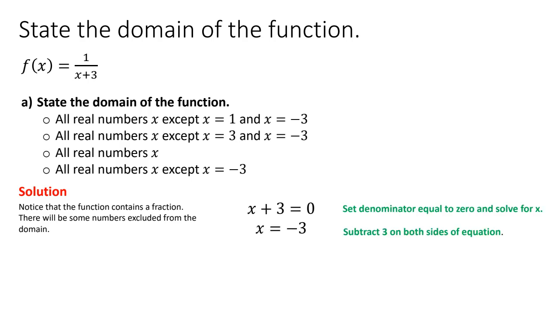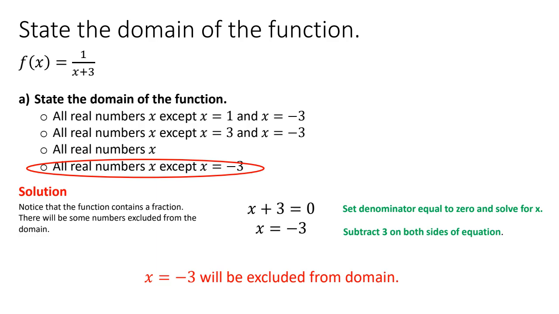If I were to use x equals -3, I'm going to get a 0 on the bottom, hence I'm going to get an error. So what would be my answer for this? The answer for this one would be this last line: all real numbers for x except for x equals -3, right? This would be my domain. Again, this would be this answer here.